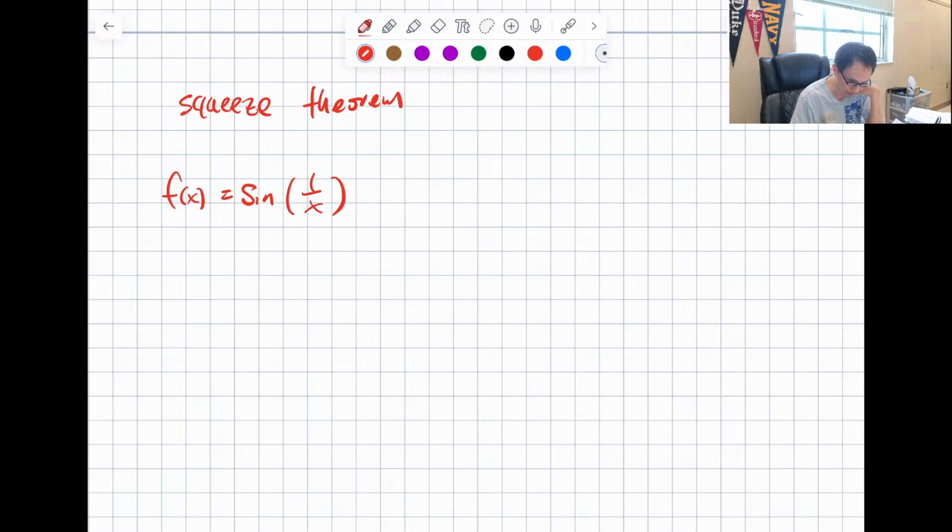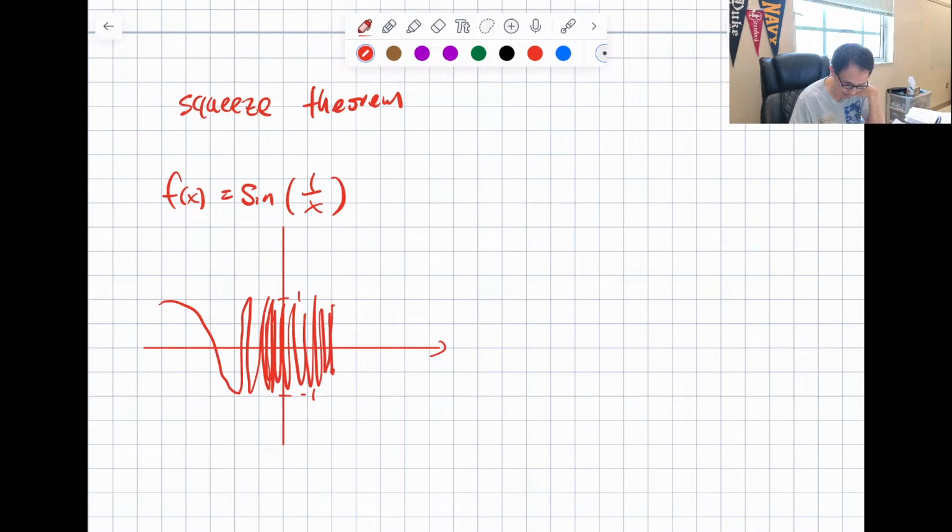It was oscillating between which two values? Negative 1 to 1. It was oscillating really fast, and this is the graph of sine of 1 over x. It's only oscillating between 1 and negative 1.